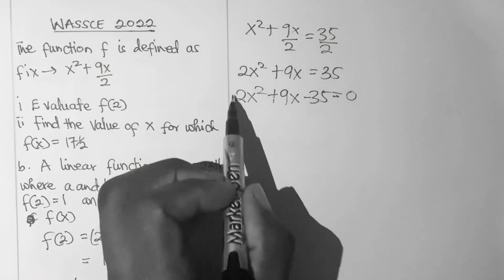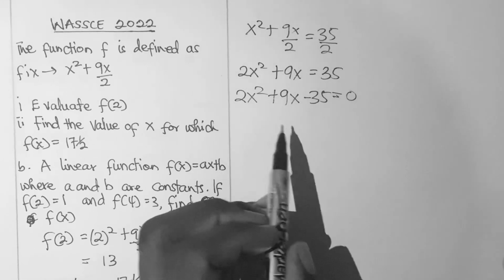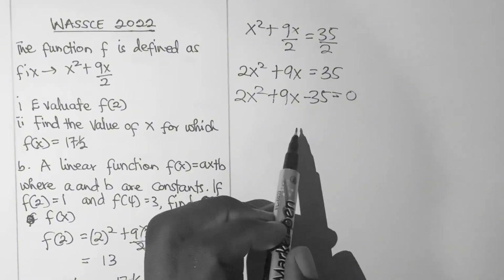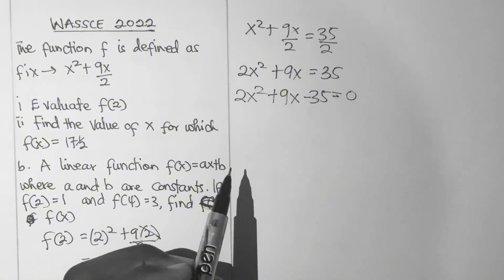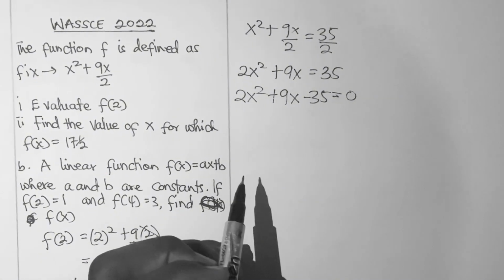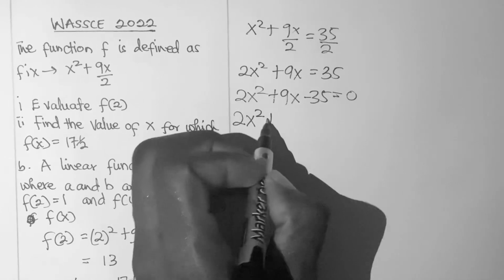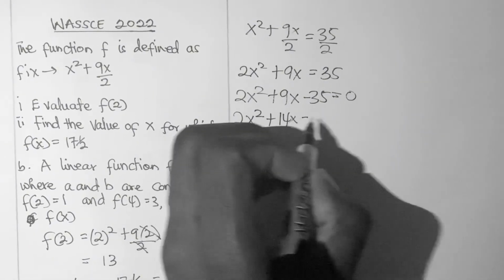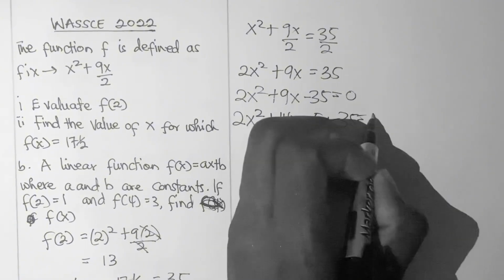Now 2 times minus 35 is minus 70. We need two numbers that multiply to give minus 70 and add to give 9. Those numbers are 14 and minus 5. So we have 2x squared plus 14x minus 5x minus 35 equals 0.